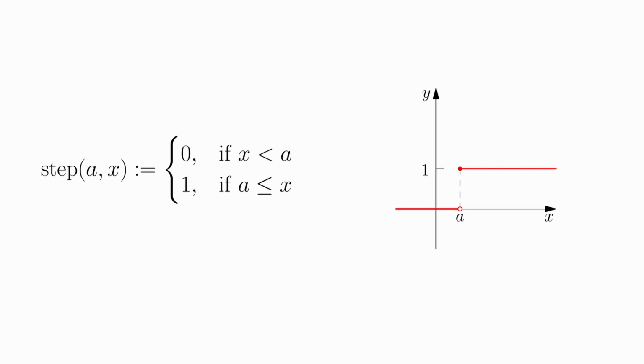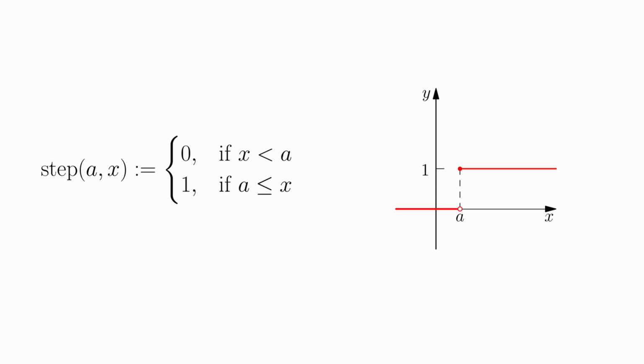It outputs 0 if its argument is less than a, where a is some parameter, and it outputs 1 otherwise. So if x is smaller than a, it will output 0. If x is greater than or equal to a, it will output 1.